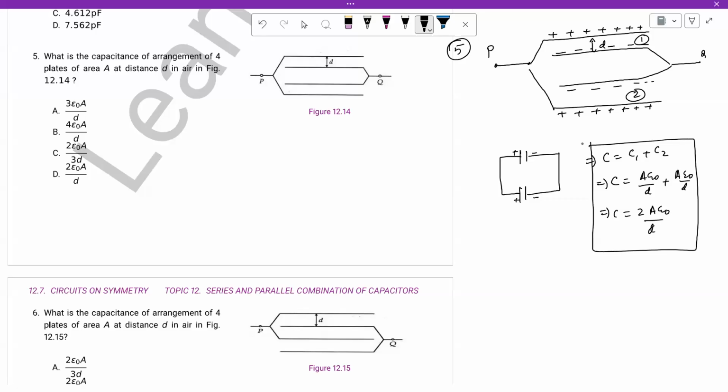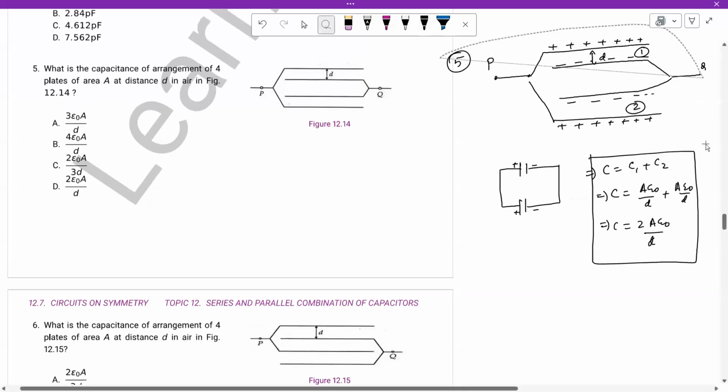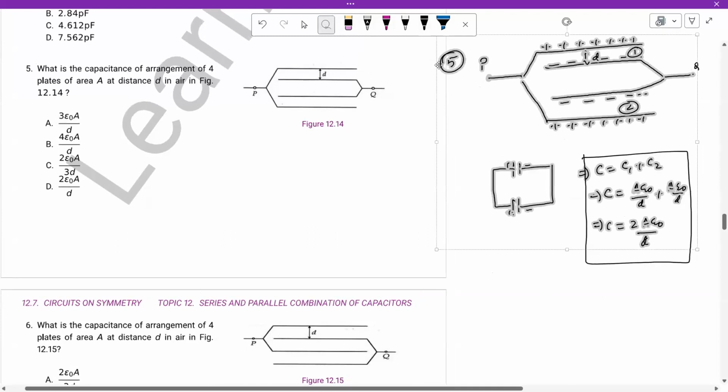Done. Okay, so now this question again, I will leave it to you, right? And now we can start the fourth chapter.